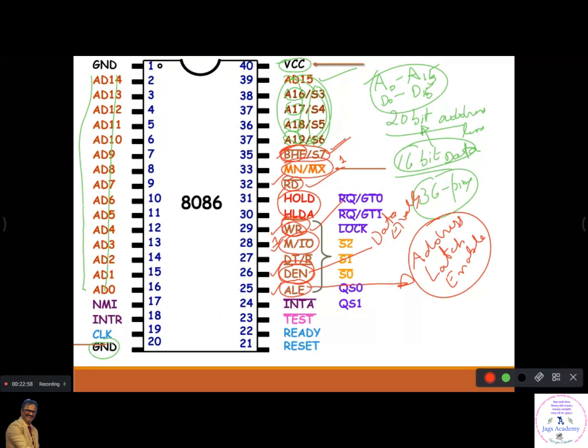There is something called the interrupt pin. You have already used interrupts in the lab, but that interrupt is different. This interrupt is the hardware interrupt. What you have used in the lab is called a software interrupt. Suppose I want to interrupt this microprocessor externally, then you have to send 1 to this particular pin.